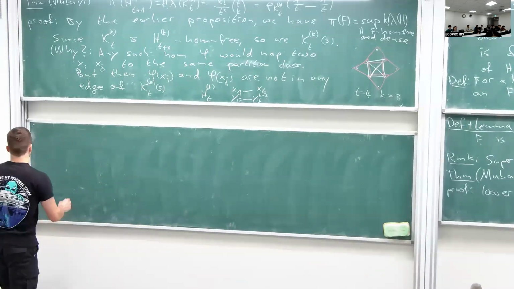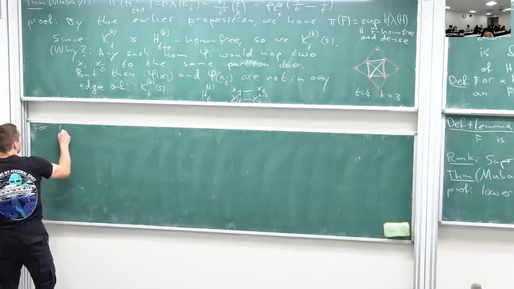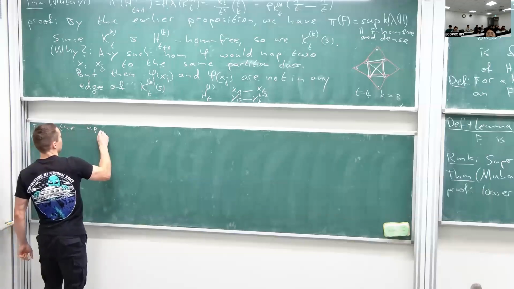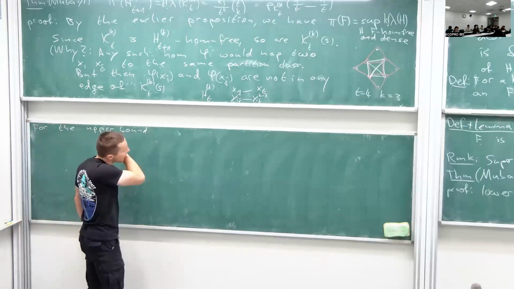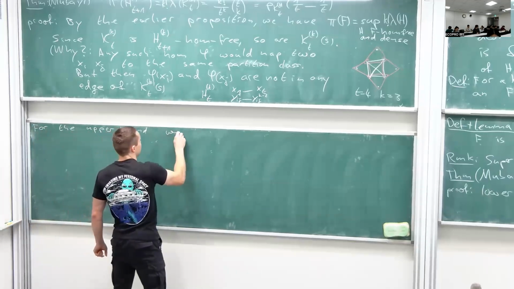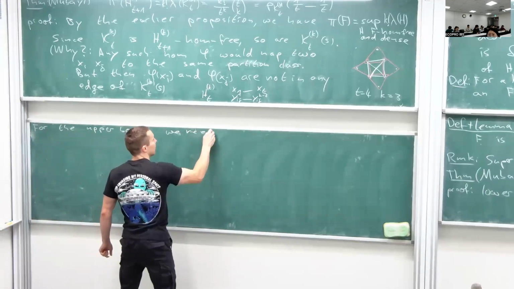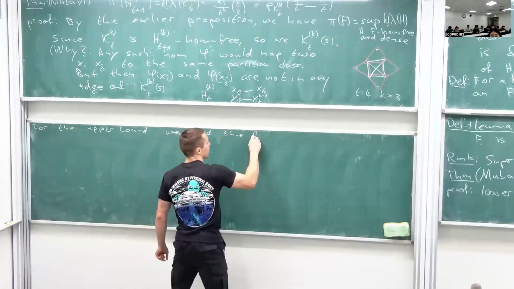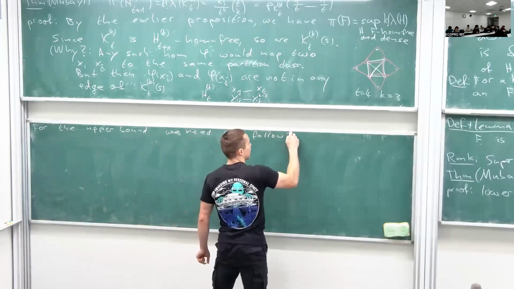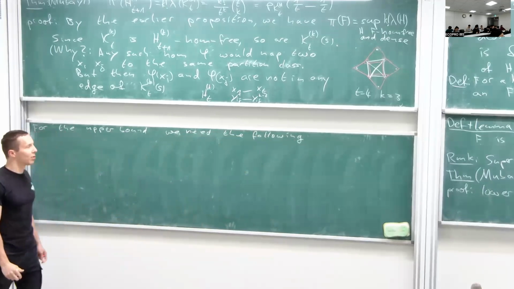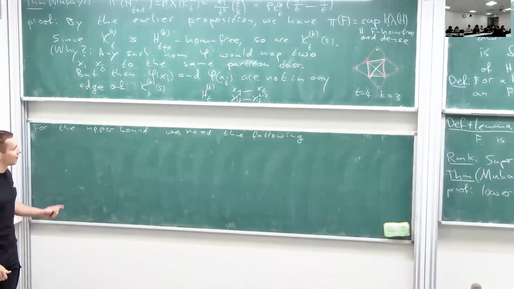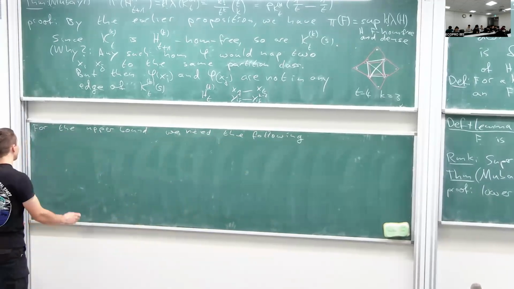So for the upper bound, we need to work a bit harder. And interestingly, we first want to prove a Turán type result for the following family.